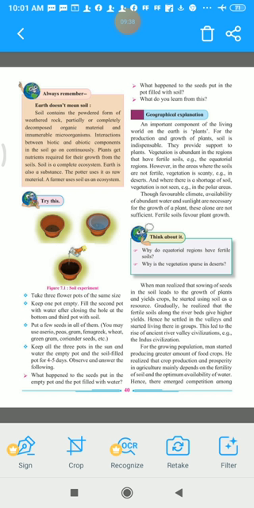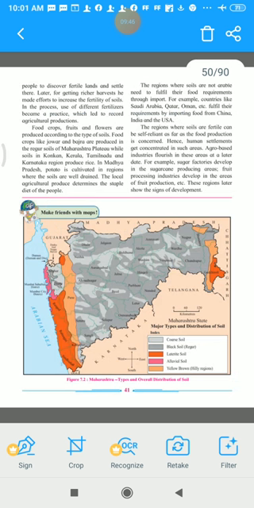Hence there emerged competition among people to discover fertile lands and settle there. As man realized that fertile land is very important for agriculture, he started searching for fertile lands, and wherever he found them, he started settling there.